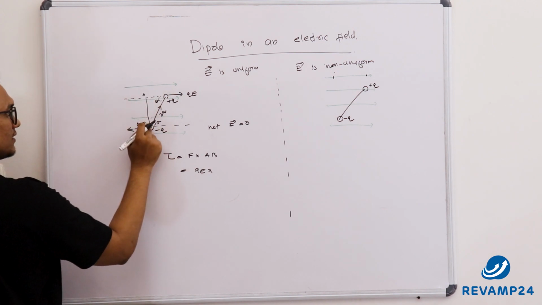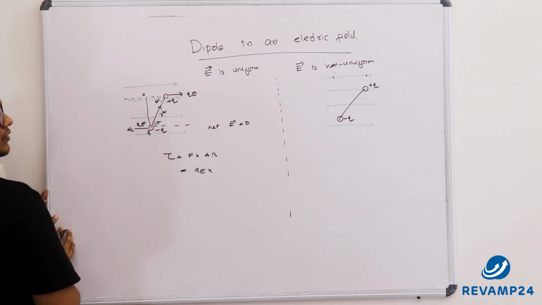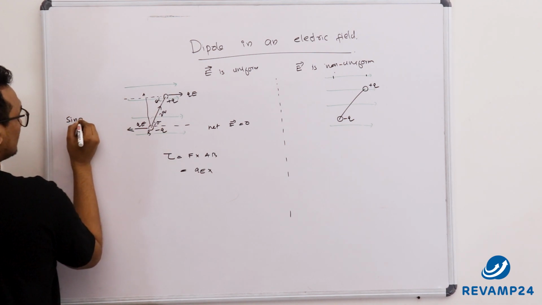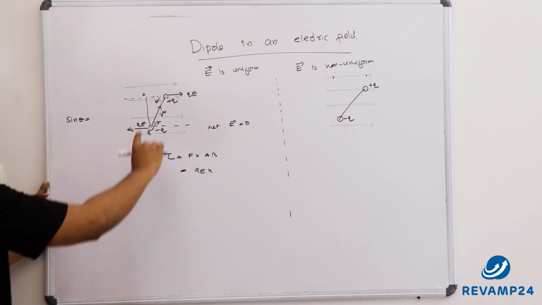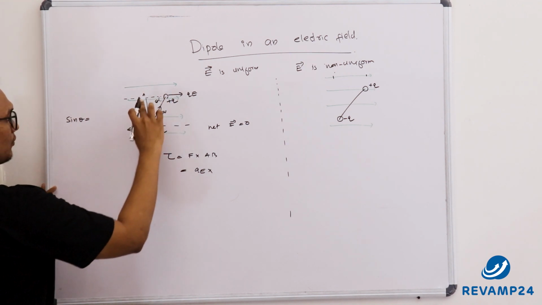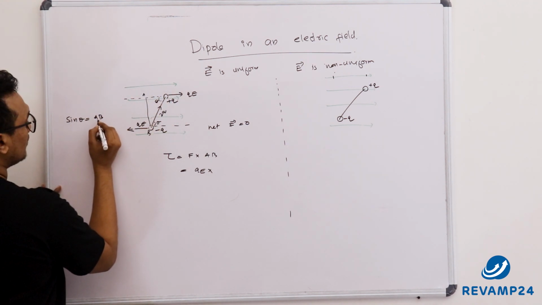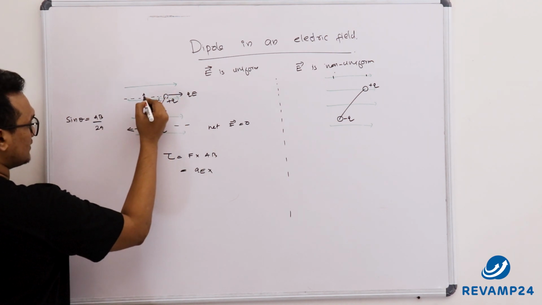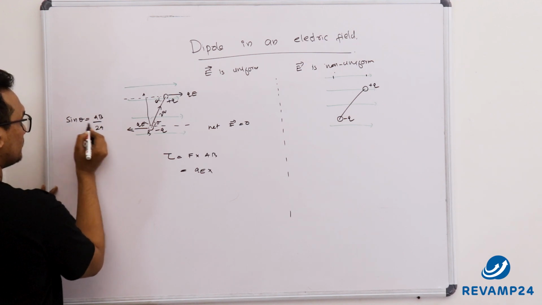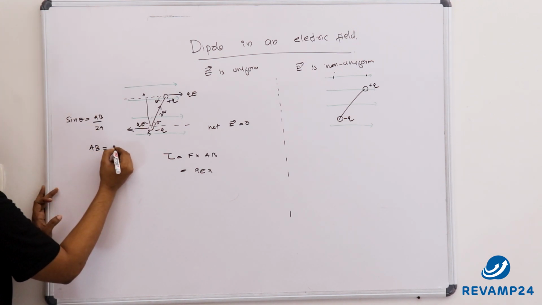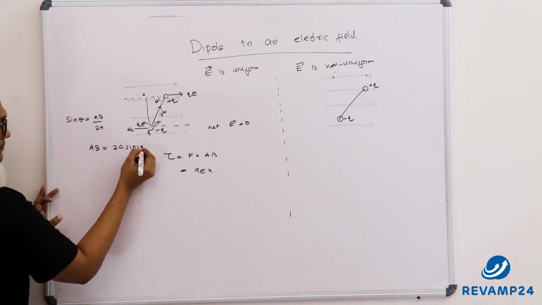This is opposite and this is adjacent, so we can use sine theta. Sine theta is equal to opposite divided by hypotenuse. Opposite is AB and hypotenuse is 2a. This is a right-angled triangle, right? So AB is equal to 2a sine theta.